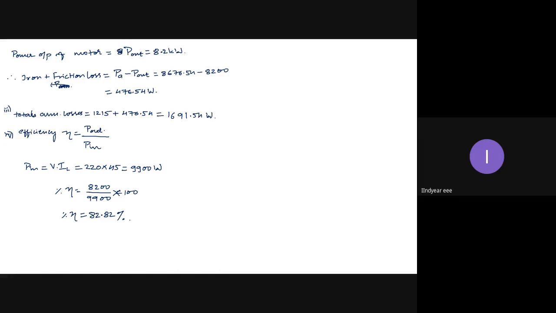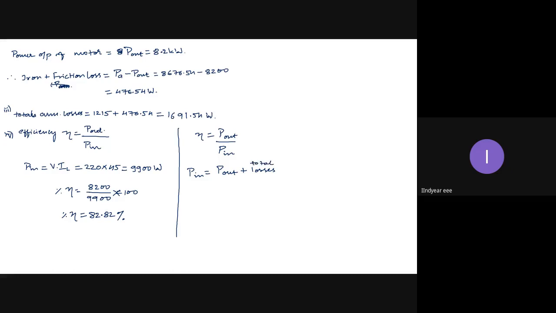This is one way. The other way of finding the efficiency: the efficiency equation is the same, P out by P in, where P in I can write as P out plus losses, the total losses in the machine.